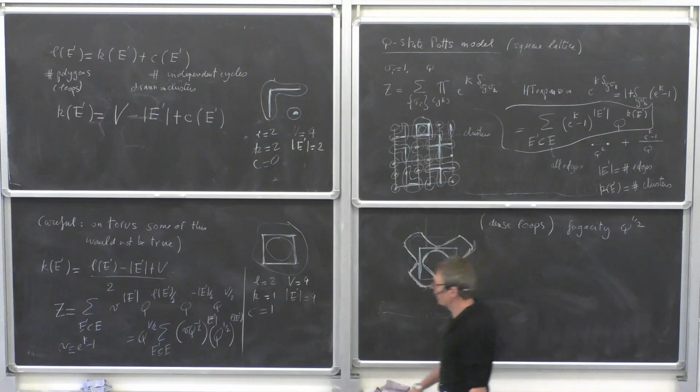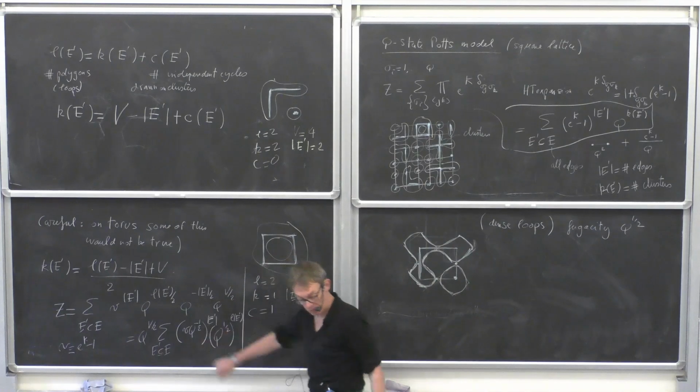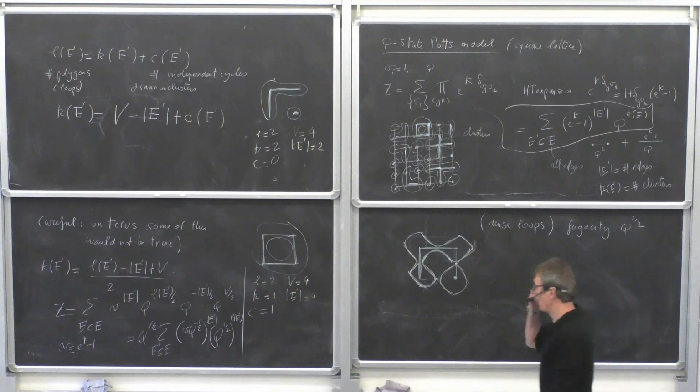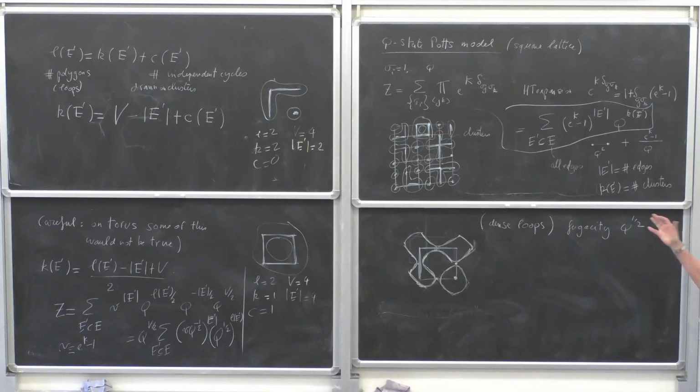But then it's a bit annoying because there's this factor here, which is something to the power of the number of edges, and the number of edges can be expressed in terms of other things.